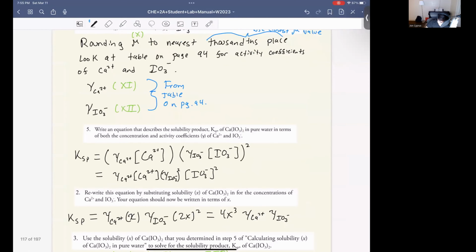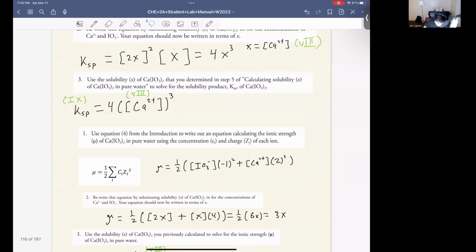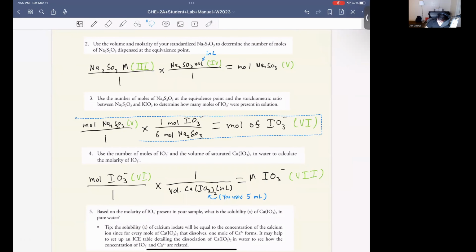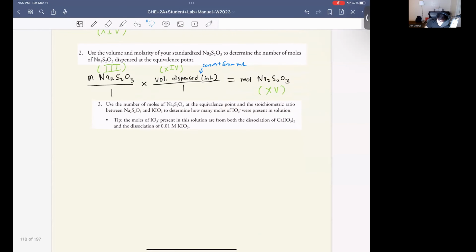I'm actually just going to copy and paste it because it is exactly the same. Different Roman numerals because of different contexts, but these are exactly the same. This one was something new. As I'm changing these Roman numerals, just note that this is the moles of iodate from both the calcium iodate and the potassium iodate.